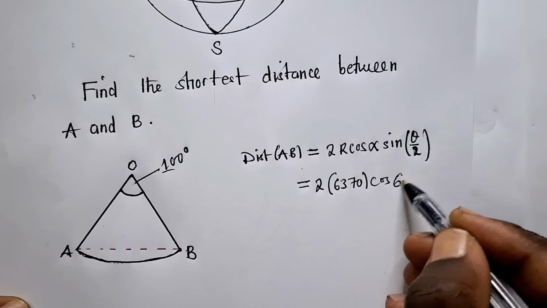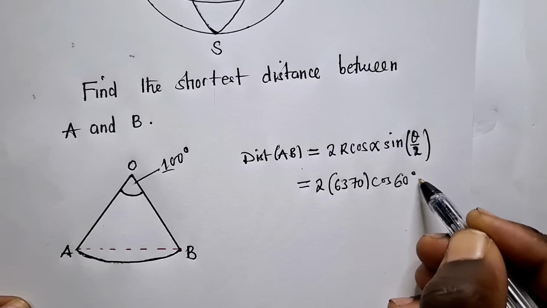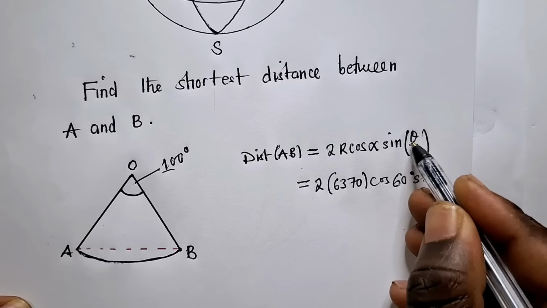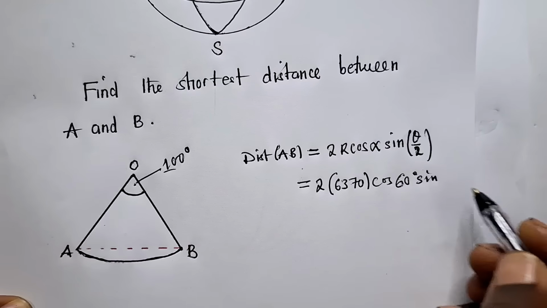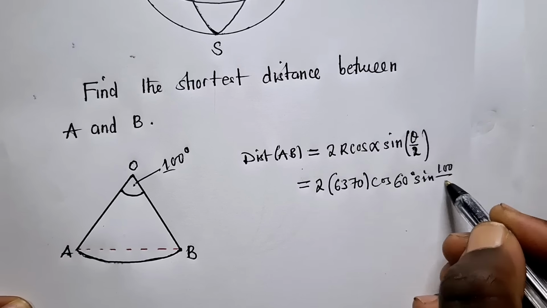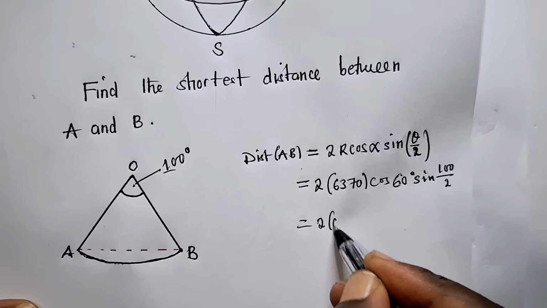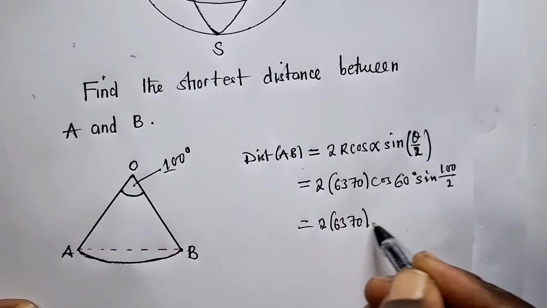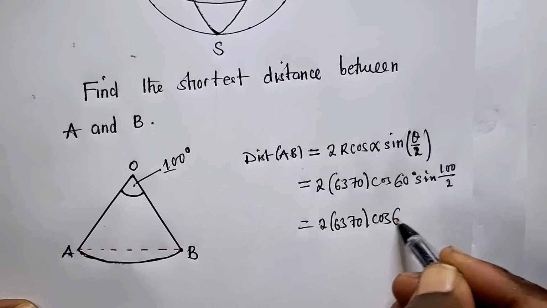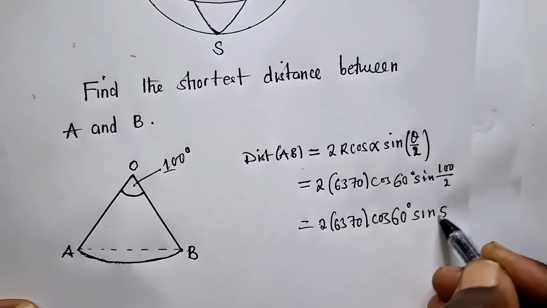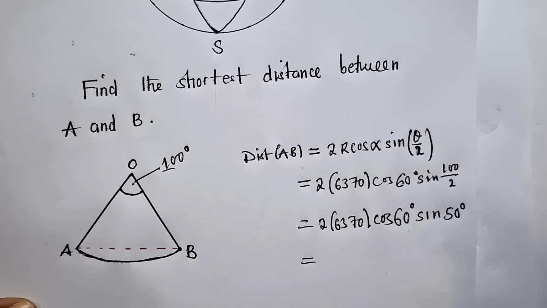So this is 60 degrees, and then sine theta here. Theta is an angle which is here, and that's 100 over 2. So just work out this. This will be 2 times 6370 cos 60 degrees, and then here sine 50 degrees.